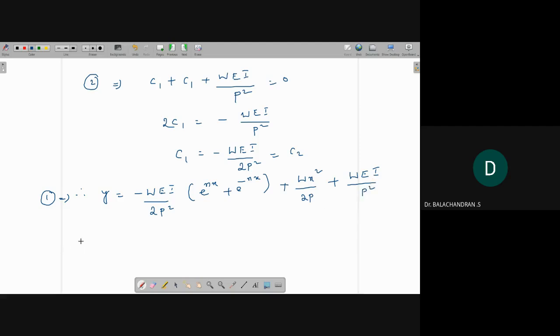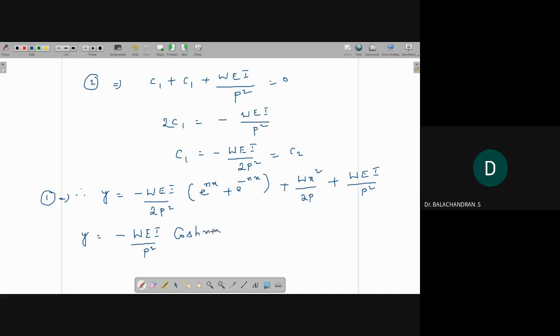So now y equal to minus w EI by 2p square, e power nx plus e power minus nx by 2 is cosh nx.